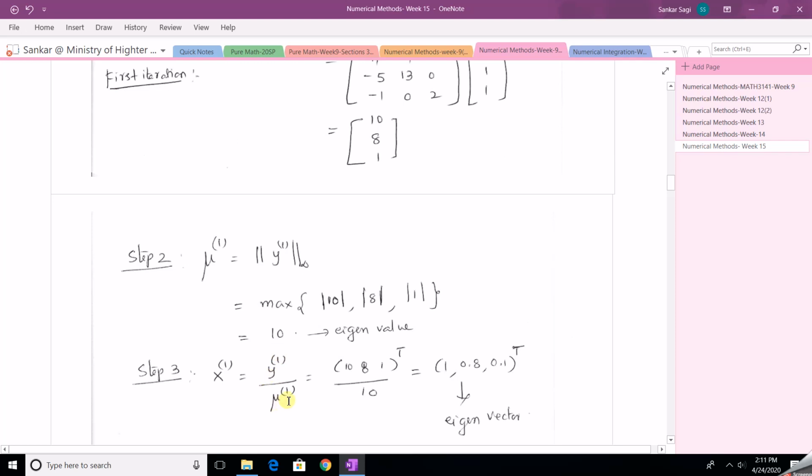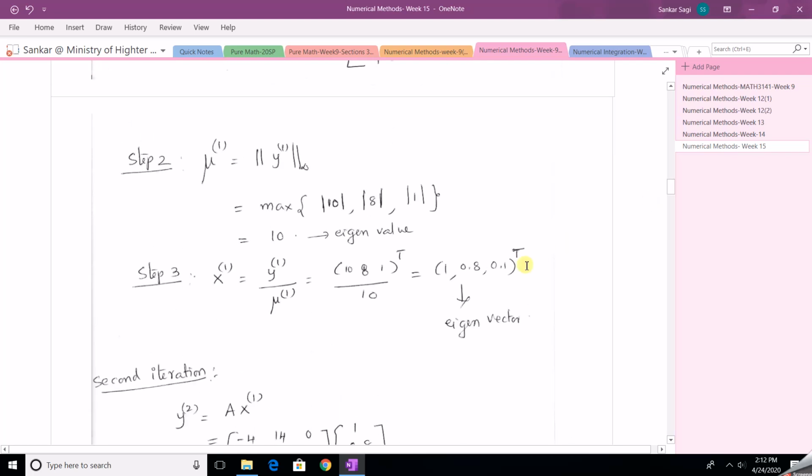So divide y1 by the eigenvalue mu1. y1 is the vector (10, 8, 1) transpose, and divide by mu1, the eigenvalue we just got, 10. So if we divide 10, 8, 1 by 10, you will get (1, 0.8, 0.1) transpose. That is, this is a column matrix.